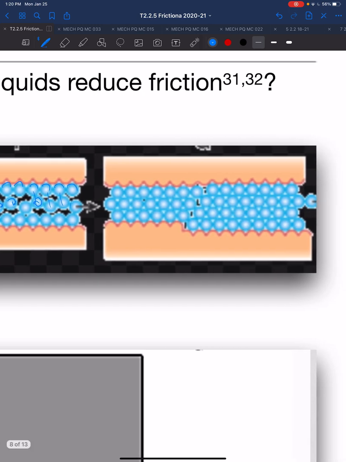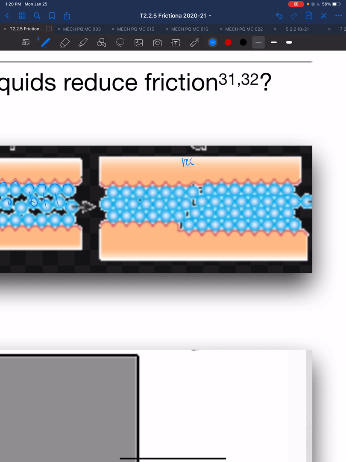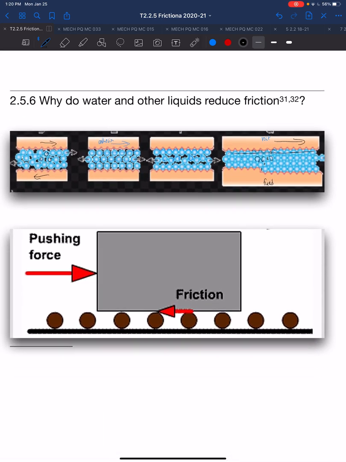So then if we have a body at rest, and we say that we want it to accelerate in this direction, and this is the ground and it's fixed, well, when we accelerate in that direction, no matter what happens with these water molecules in the first row, whether the adhesion holds or not, the water molecules below are free to revolve and rotate all the way down through, because the bonds are not rigid. So that is why water and other liquids reduce friction significantly.